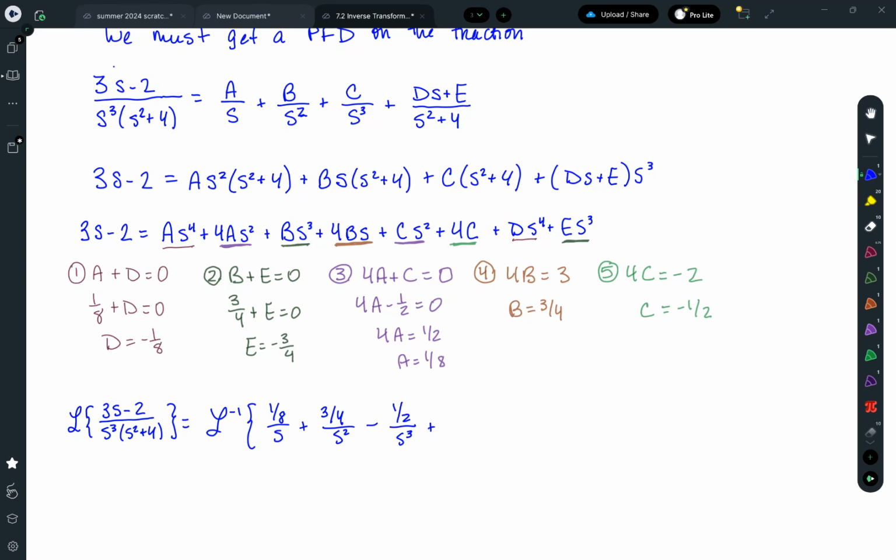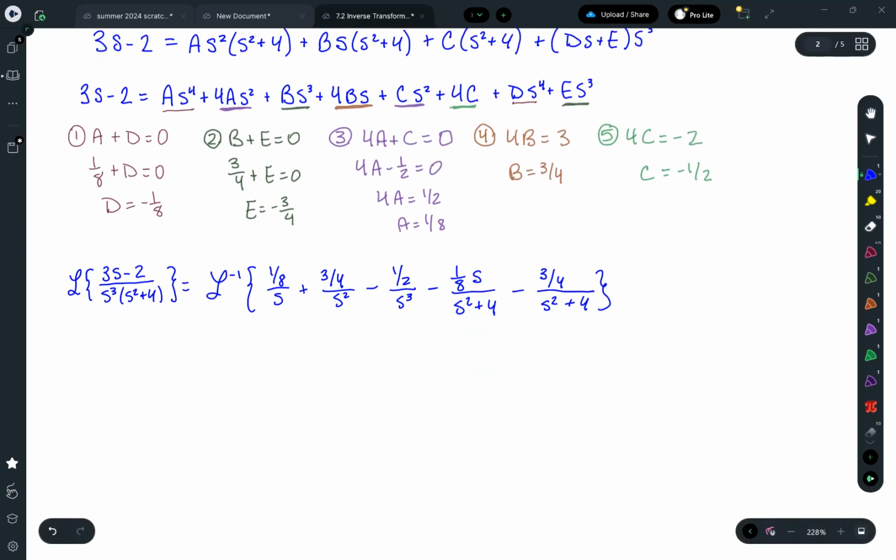I'm going to split that up, so I'm going to deal with ds over s squared plus 4. That's going to be a minus sign actually, so minus 1/8 s over s squared plus 4, and then plus e, and e is negative as well, so minus 3/4 over s squared plus 4.